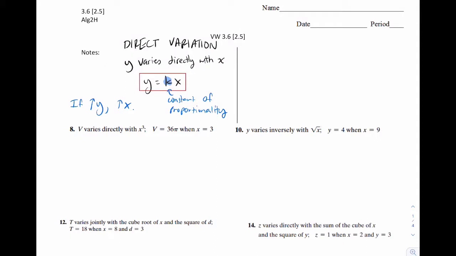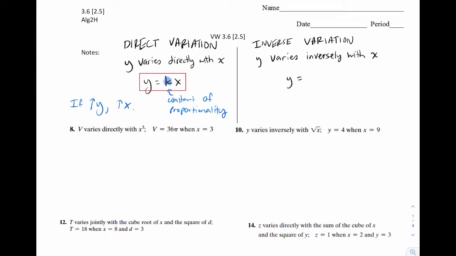The other kind of variation we'll see today is inverse variation. And very similar, you're going to see y varies inversely with x.